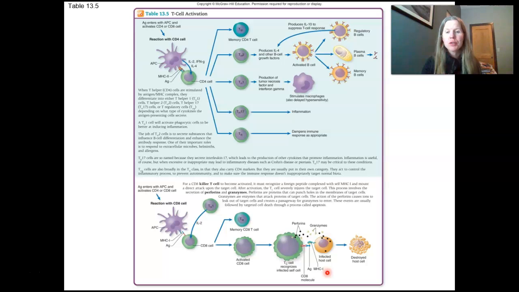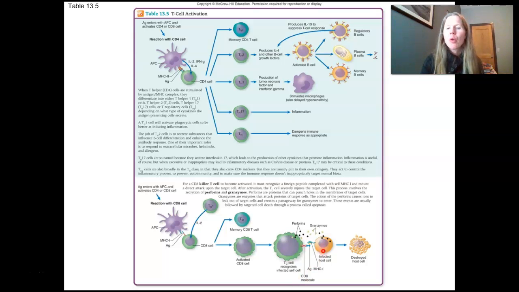The way they do that is, if the self cell has MHC1 holding that antigen on the surface, cytotoxic T cells have a CD8 arm. They're sometimes called CD8 cells. They have a CD8 protein that lines up with the MHC1 to dock. Then if their antigen receptor matches one of the proteins being shown, whoa, that means it's foreign, because we shouldn't have antigen receptors to self proteins.